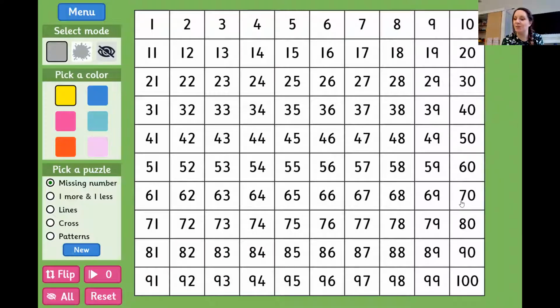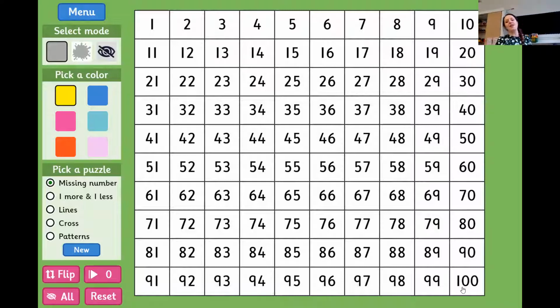Then it changes to 7 tens. So these are our 70 numbers. Then it changes to 8 tens. So these are our 80 numbers. And then it changes to 9 tens. These are our 90 numbers until we get here. And suddenly we have no ones, no tens, but we do have 100.